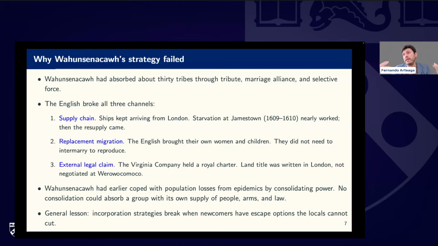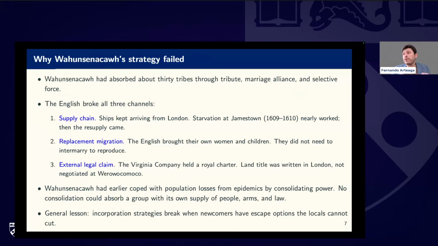Of course we also need to stress that there was an advantage in military technology that the Europeans had, but it was not only that. It was in terms of numbers in the medium run, and given that the Native Americans were experiencing this demographic collapse, they had everything to lose.